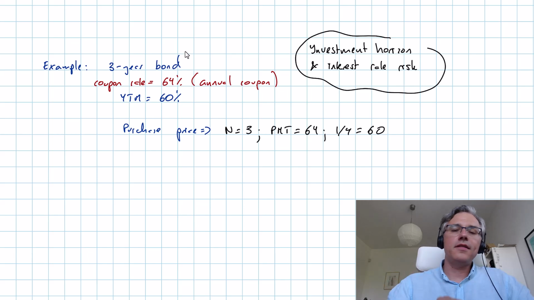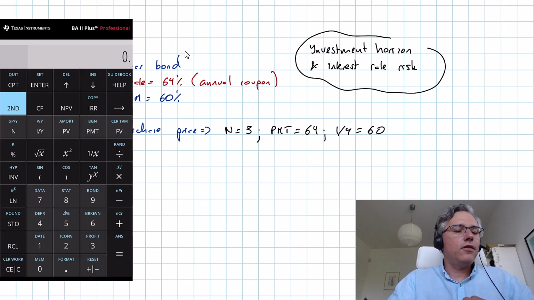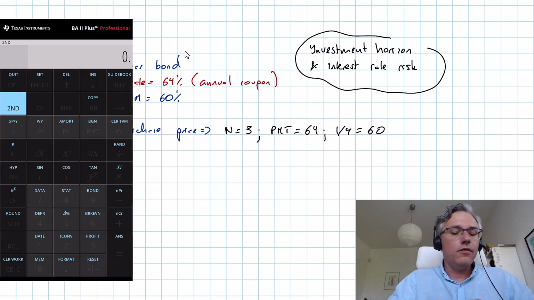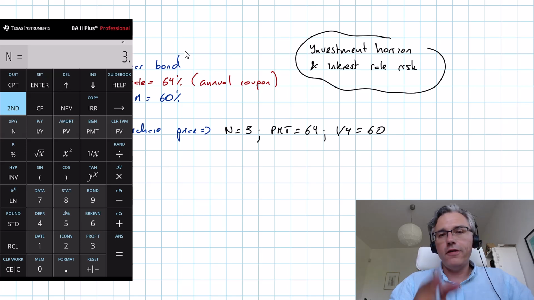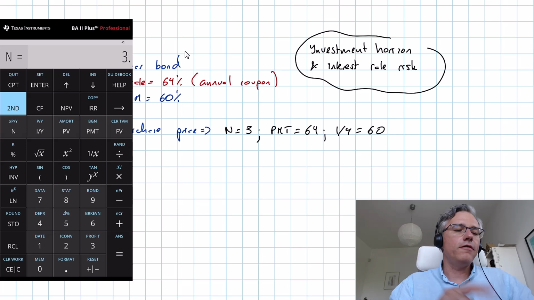We're going to set that at 60. So let's clear the time value of money worksheet first, as we always should. And now with the inputs, 3 for N, right, first the input, then tell the calculator what it is, so 3 followed by N, 64 followed by PMT, 60 followed by I/Y.